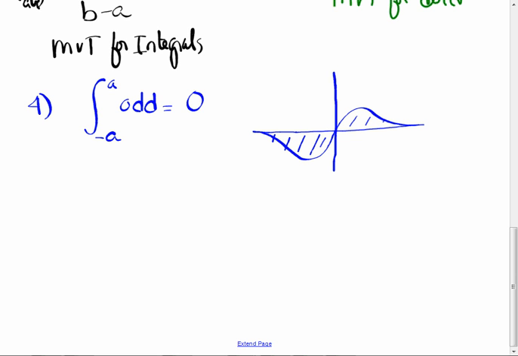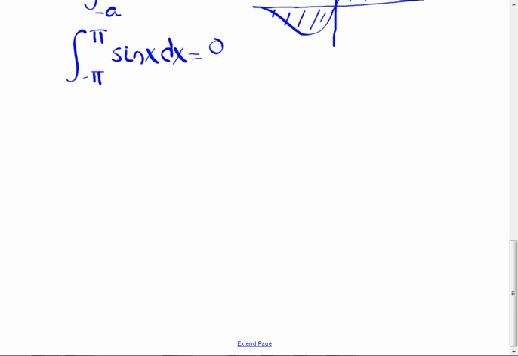So if I ask you to integrate from minus pi to pi of sine of x dx, what's that answer? 0. Or what if I integrated sine of x to the 11th power? Now sine is odd, and the 11th power is odd, it stays odd. It's still 0. You can't integrate this one, though, and check it out if you want.